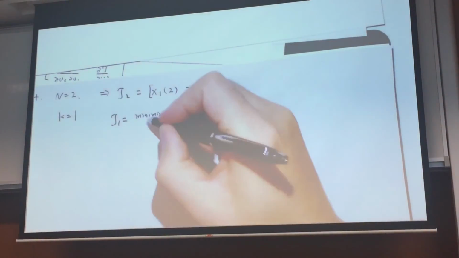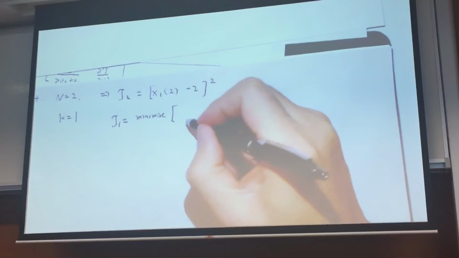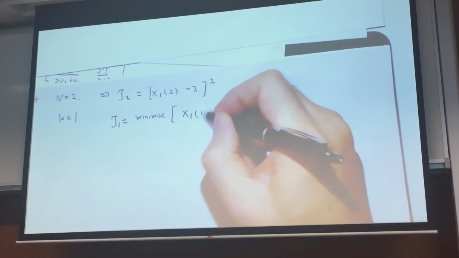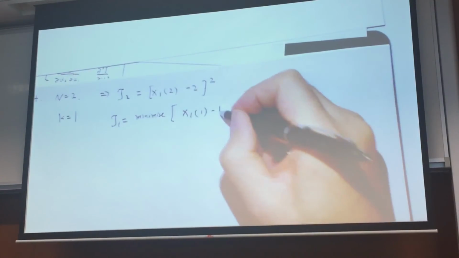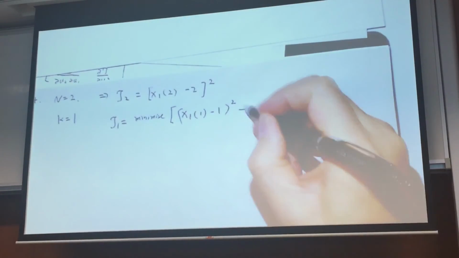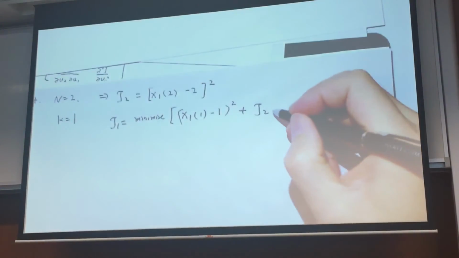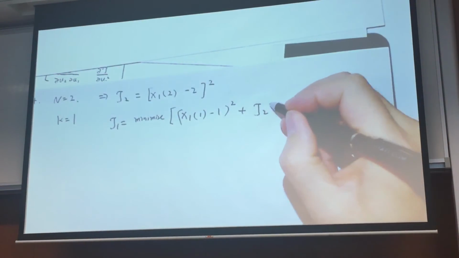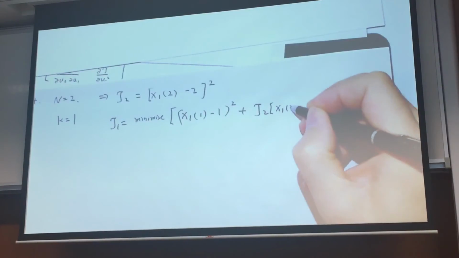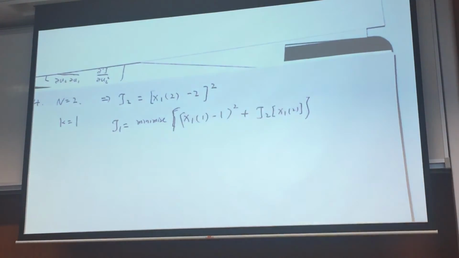You want to minimize the function. The first part is given by (x1 minus 1) squared, plus the equation from here, J2 of x1(2).